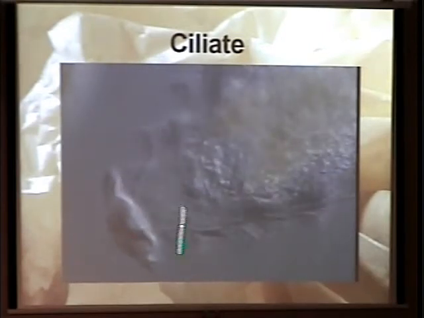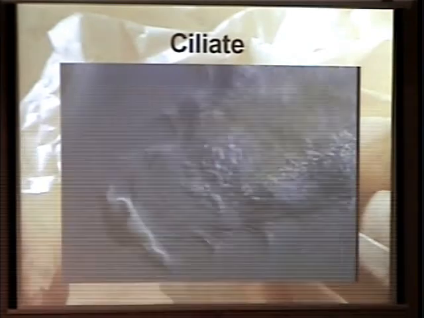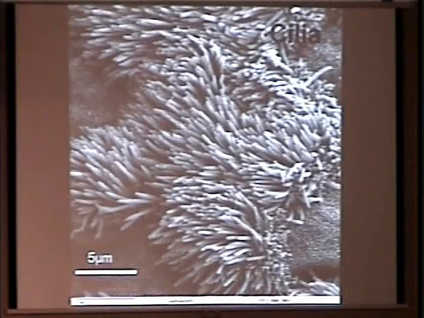So cilia are just the hairs that it's beating there in unison, and you have them in your lungs that help keep your lungs clean of debris. If you have an air purifier in your house and you have to clean that filter periodically, how long would we be able to breathe if we didn't have these nice self-cleaning lungs? These cilia basically constantly move mucus up and out of your passageways to keep your lungs nice and clean. Same way they were pushing that other organism around.